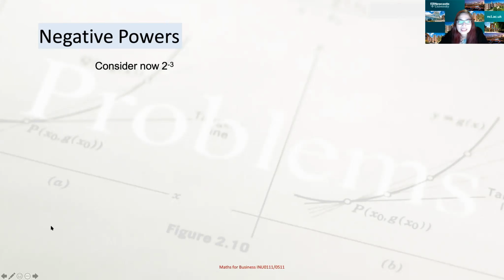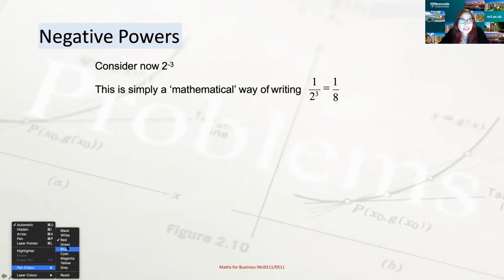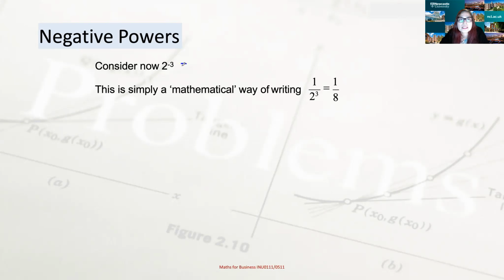What does it mean? It's a simple way of writing 1 over 2 times 2 times 2, that is nothing but 1 over 2 cubed. It's just writing it in a simple way.